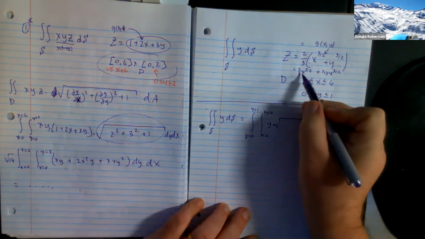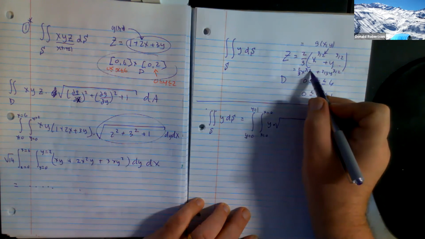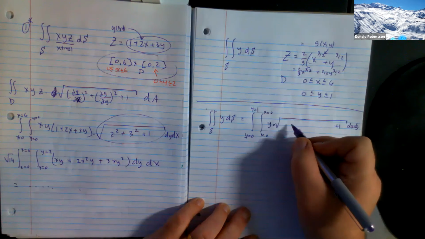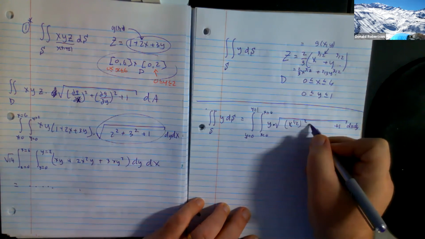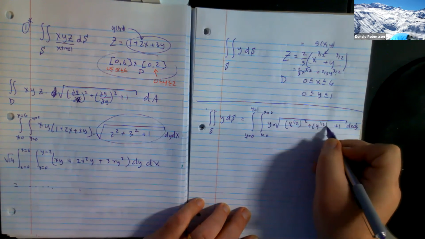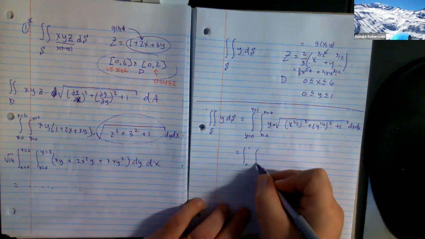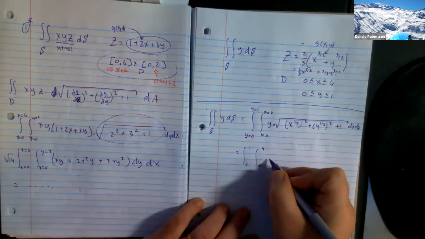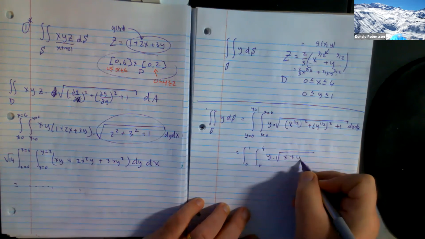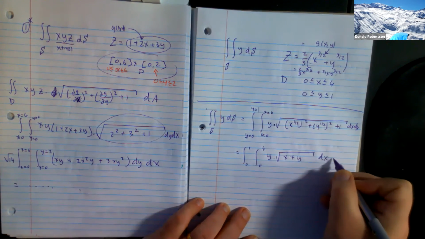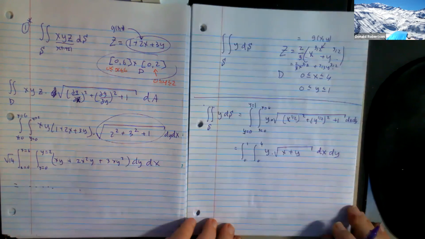Okay, if you differentiate this guy with respect to x, you multiply by the power, reduce it by 1, you get x to the half squared. And then you get y to the half squared. So we've got the integral from 0 to 1, from 0 to 4, y times the square root of x plus y dx dy. Okay.